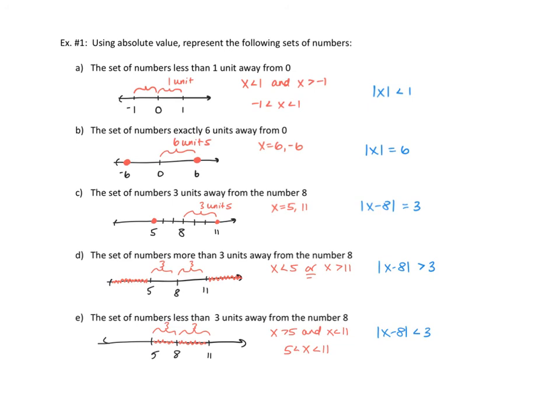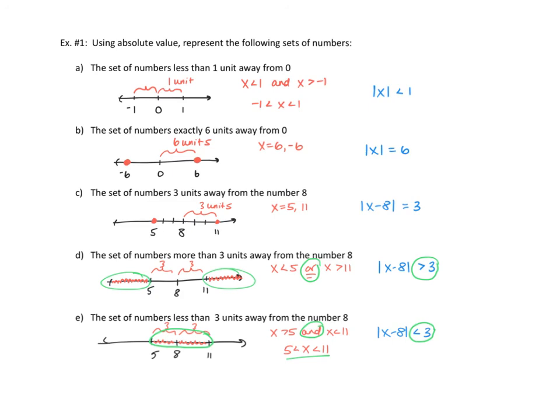So a few things to note here as we're taking a look at what we have in our pictures. When you have an absolute value with a greater than symbol, that's when we're going to end up using the word or, and that's when we will have 2 separate areas of shading on our number line. When you have an absolute value with a less than statement, that's when we will have an and, or you can write that as a 3-part inequality, and your shading will be trapped in between 2 numbers.